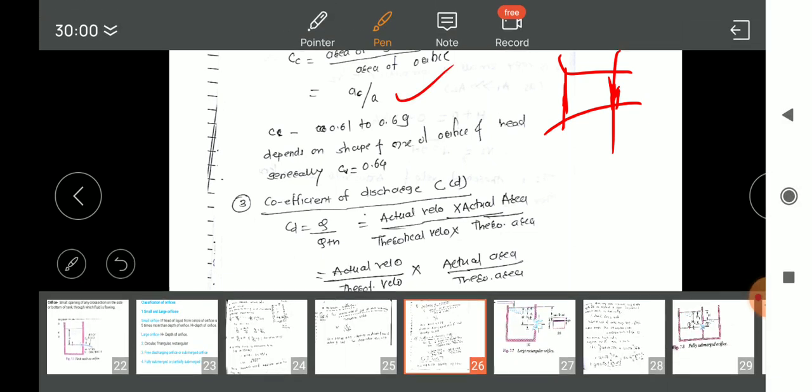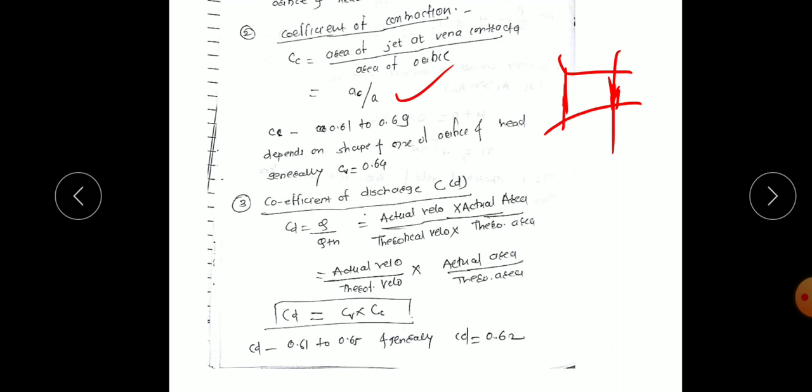Next we consider the coefficient of discharge, that is the actual flow rate upon the theoretical flow rate. So actual flow rate is actual velocity into actual area, and Q theoretical is theoretical velocity into theoretical area. So actual velocity upon theoretical velocity is the coefficient of velocity, and actual area upon theoretical area is the coefficient of contraction.